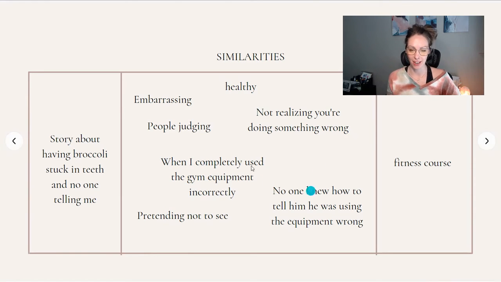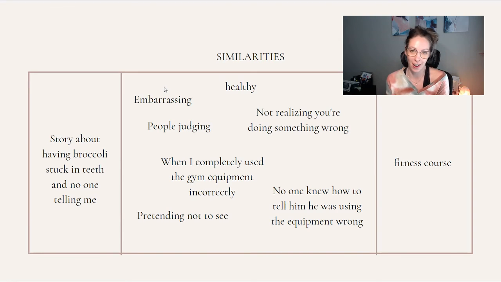And then that generated the idea about how seeing somebody, and we've probably all been here, at least seen the YouTube videos where somebody is at the gym and they are just using the equipment so obviously wrong. And you're really embarrassed for that person, but no one has the heart to tell that person that they're using it incorrectly, which is very similar to when you're sitting there across the table from an acquaintance.